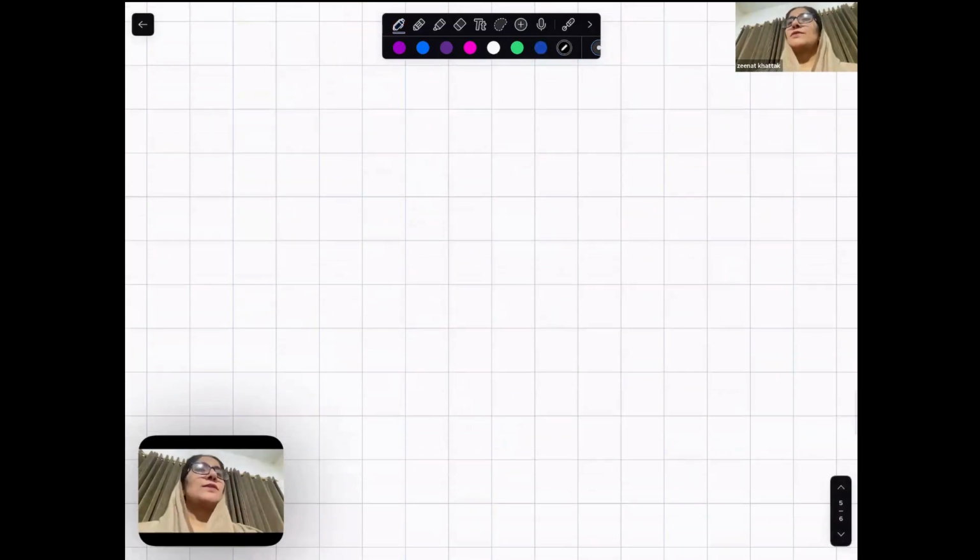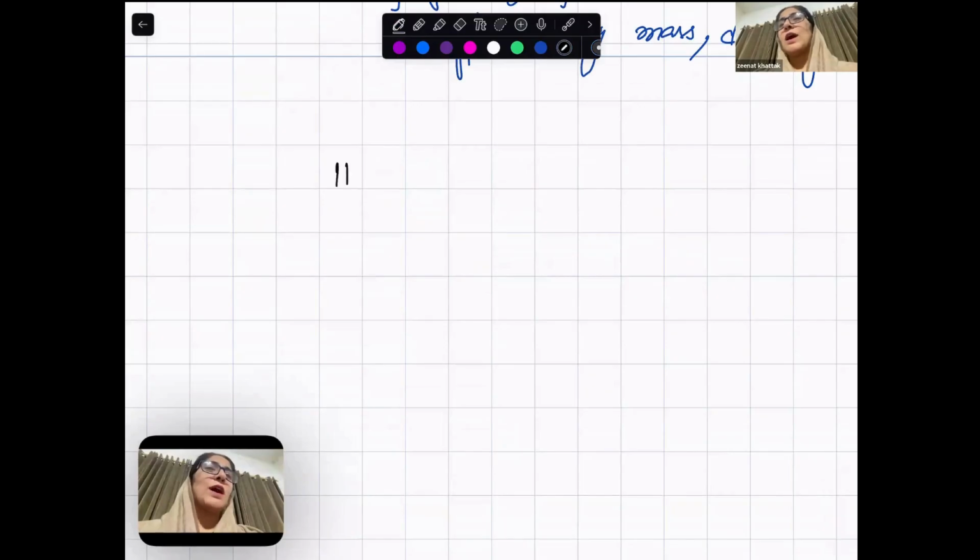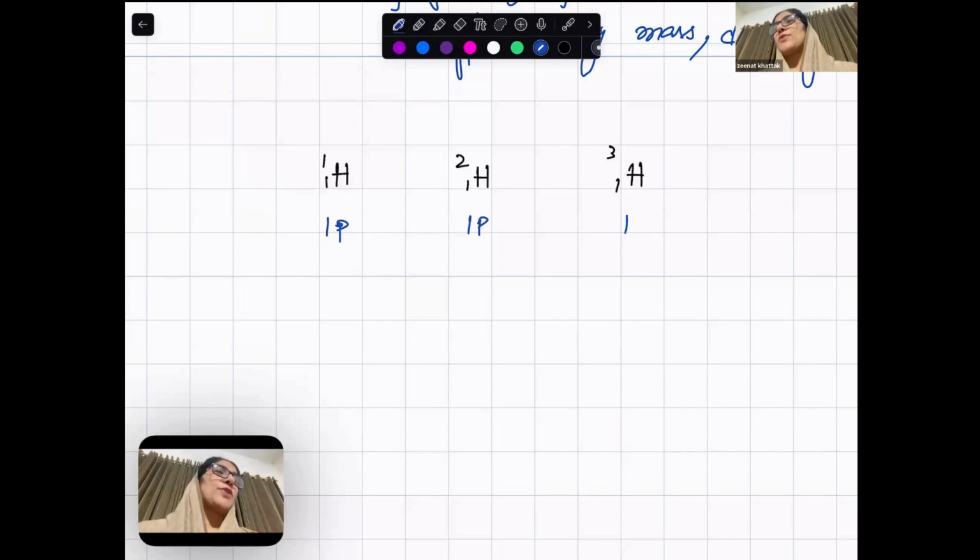Look, suppose this is hydrogen 1, deuterium 2, and tritium 3. 1 proton, 1 proton, 1 proton, 1 electron each, and 0 neutrons, then 1 neutron, then 3 minus 1, 2 neutrons.